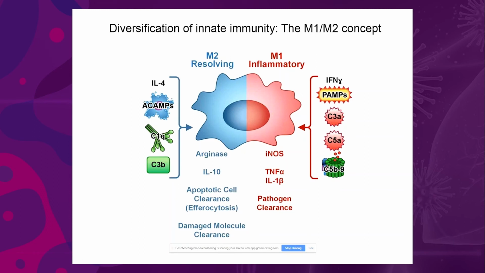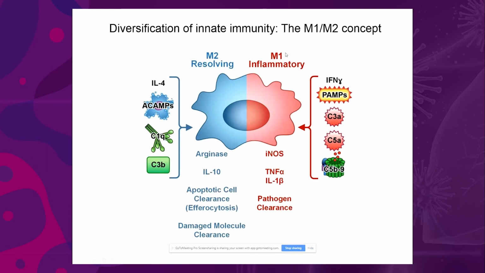So in macrophages, the central cell of innate immunity, we can characterize different states that we call M1 or M2. In reality, these are a spectrum of states, but we can broadly call them M1-like or M2-like macrophages.